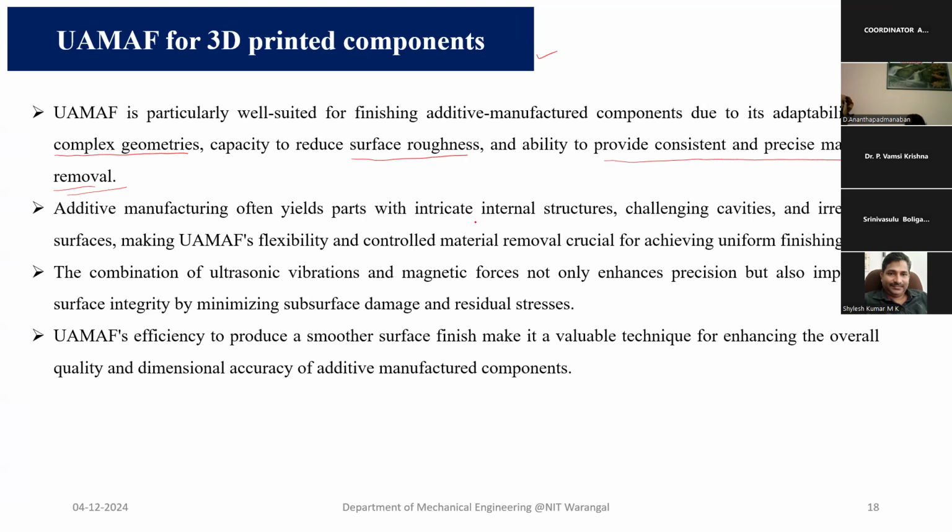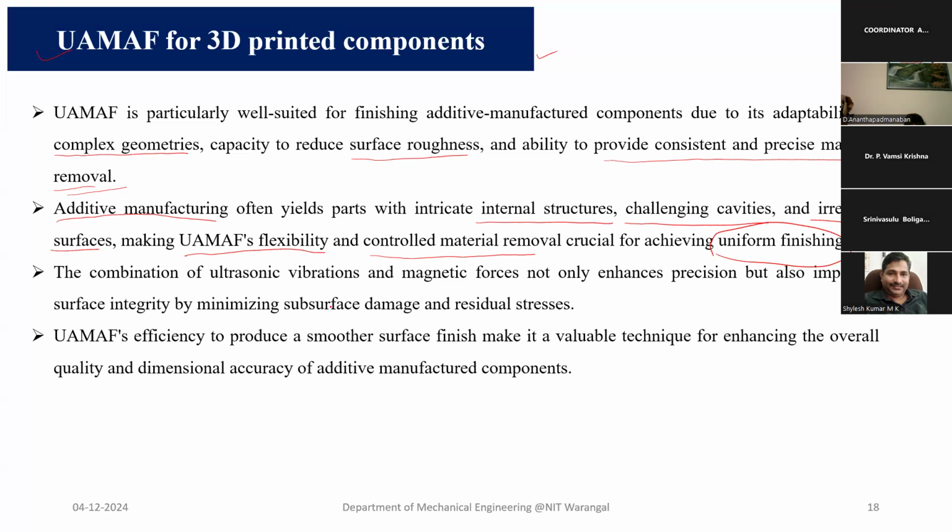Normally, it goes for internal structures, challenging cavities, or irregular surfaces, making UAMF very flexible and able to control material removal, which is very crucial for achieving a uniform surface finish. These additive manufacturing components require all these things. That is why this process is more suitable for this.